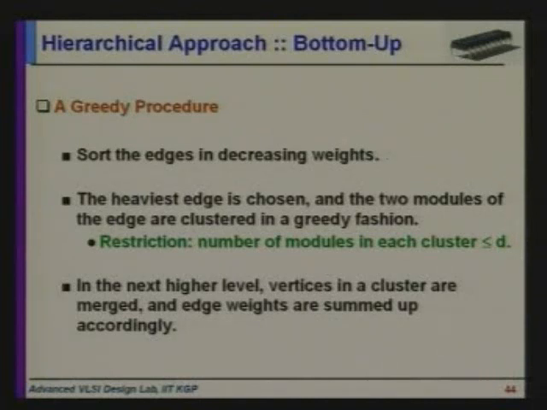The heaviest edge is chosen, and the two modules of that edge are clustered together greedily, right? Again the restriction is the same. At the next higher level, the clusters are merged and the edges are summed up to find out the edge weights for the next higher level. So I have a component, and for that I sum up the edge weights to find out the weight for the next higher level.